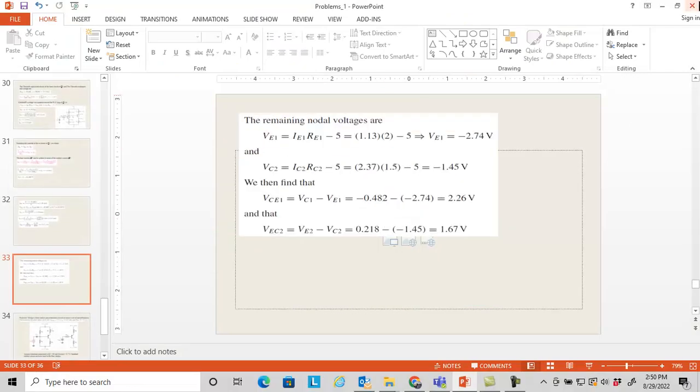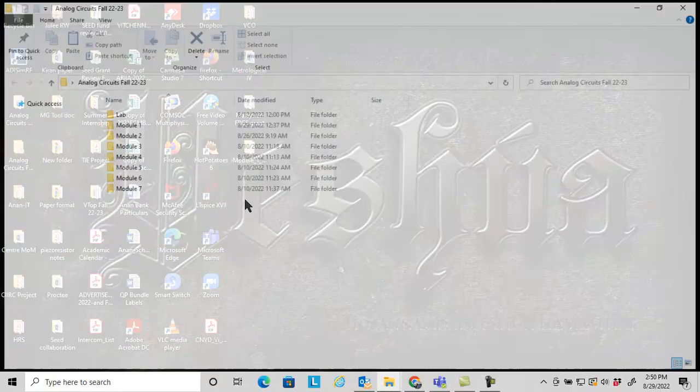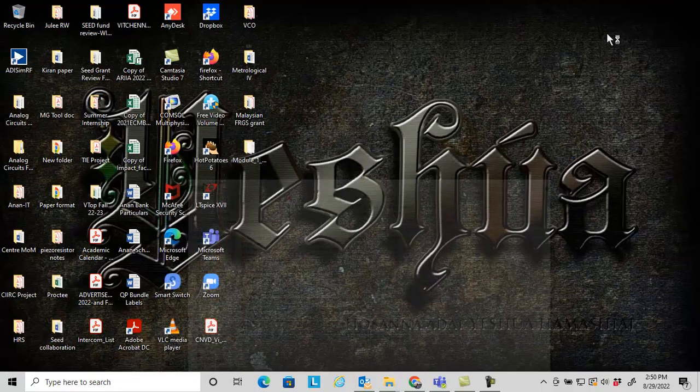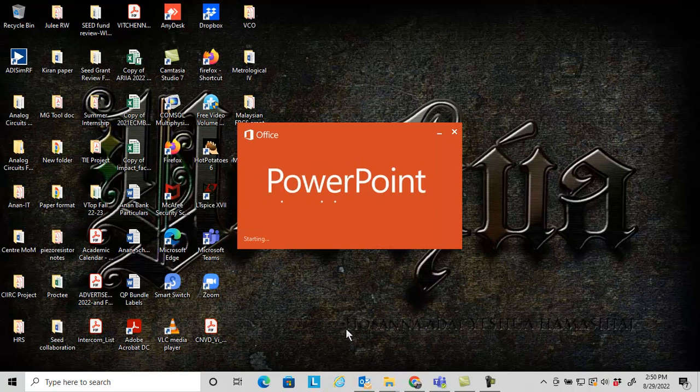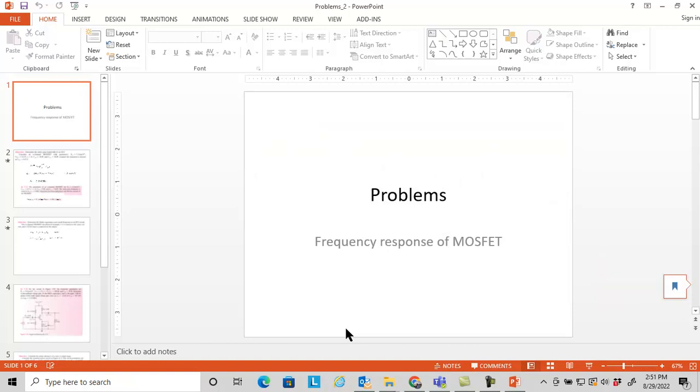Okay, so now let me take another set of PPT just to describe how the frequency response of MOSFET varies basically, and how it is done.